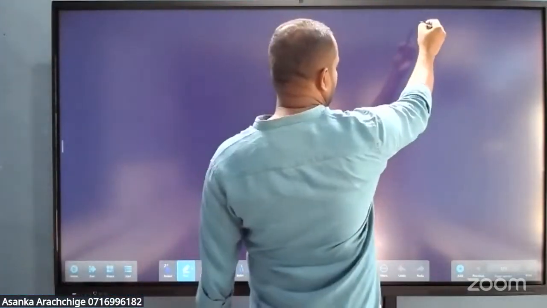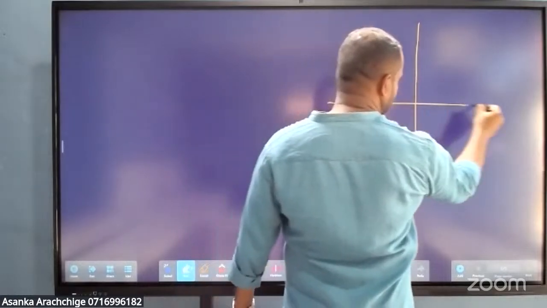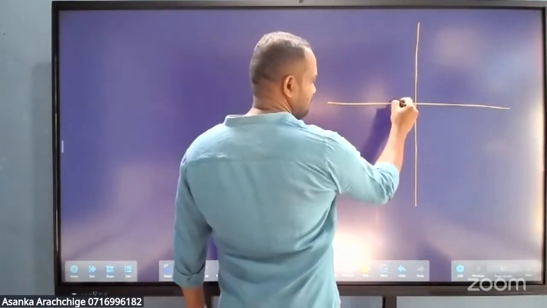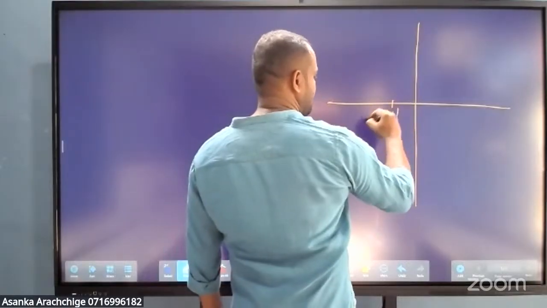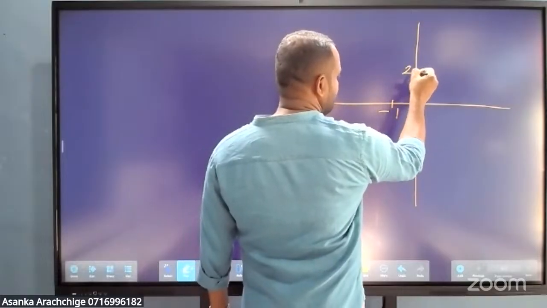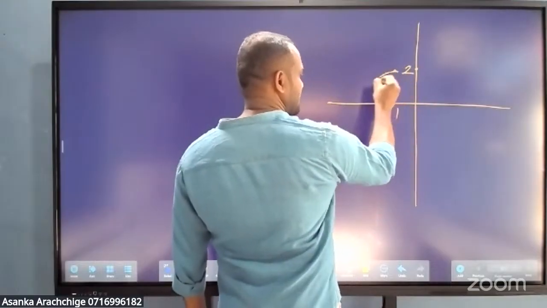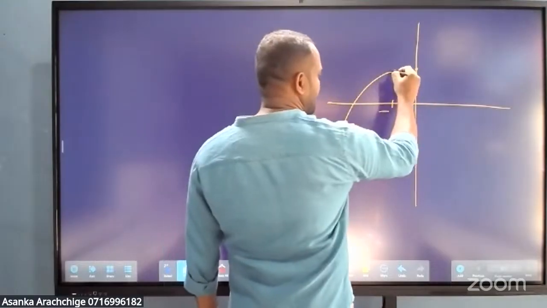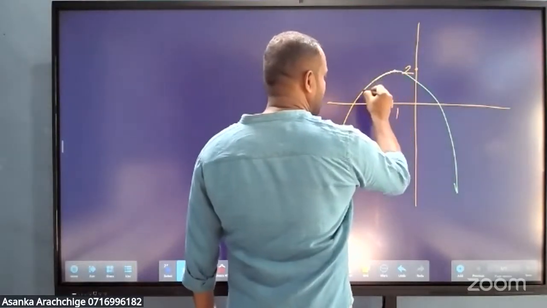Do you recognise the graph roughly? Minus 1, and this is 2, the turning point. It is a parabola like this.